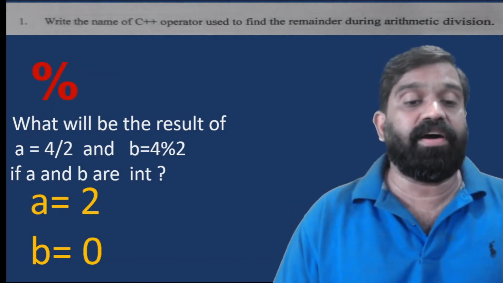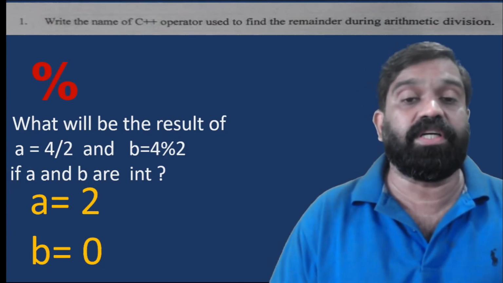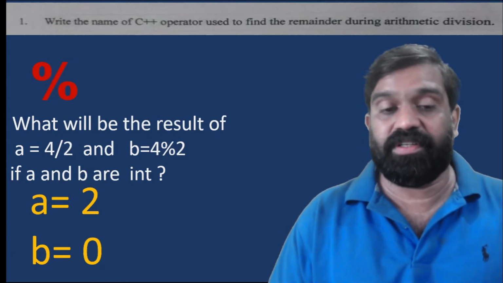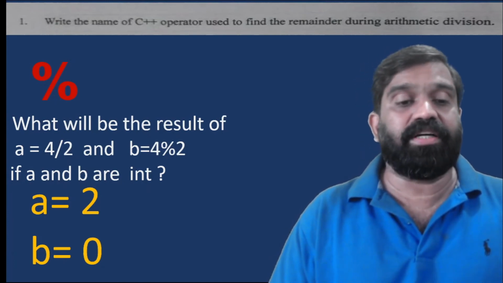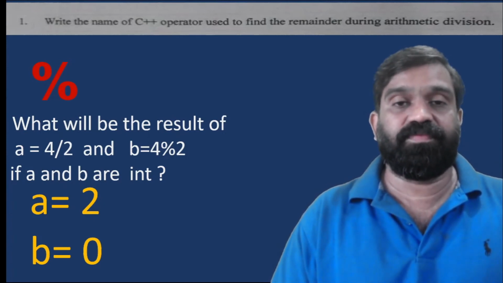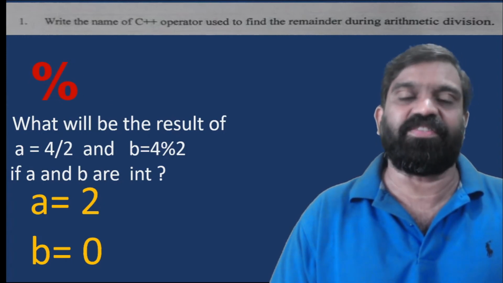So whenever we are learning about the modulus operator, we have to learn integer division also. And one more thing we have to think about: if you are going to declare B as float, then is it possible to use the modulus operator? Just think.